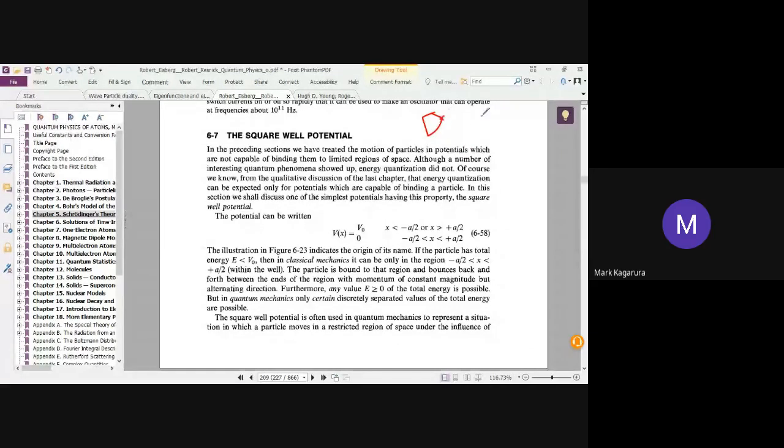When atoms come together, these circles here, part of their wave functions overlap. So you have these wave functions here overlapping, and they form what are called wells. You guys these days don't know what a well is.